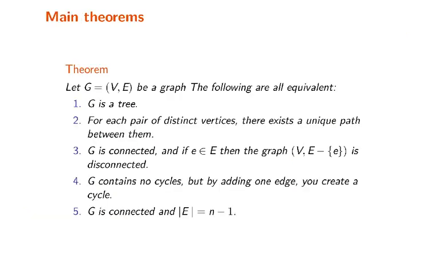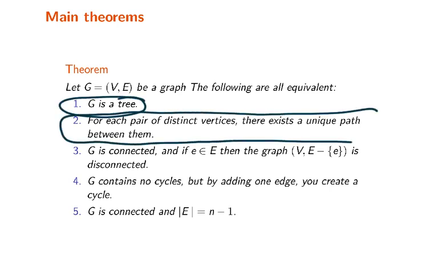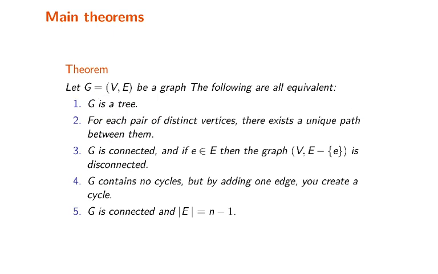So this series of results that we see here are going to characterize completely what a tree is. So these 5 conditions are equivalent. In particular, we see that to be a tree is the same thing as saying that for each pair of distinct vertices there exists a unique path between them. What does it mean? That between 2 points in a graph in general we can go in different paths.